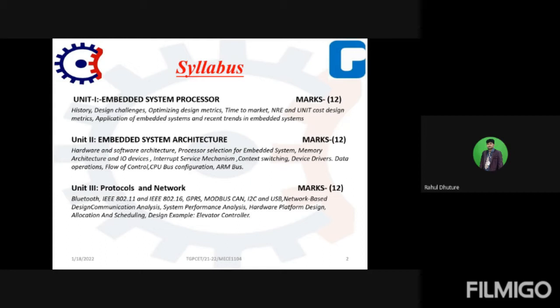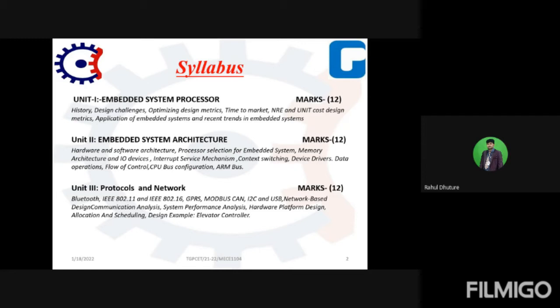Then second is the embedded system architecture. In that architecture, we have to design the hardware and software architecture. When designing the hardware and software architecture, we know the process to design the hardware by using software. In the last lecture we discussed the hardware designing part, the basic concepts of hardware design: what hardware components are required to design an embedded system.